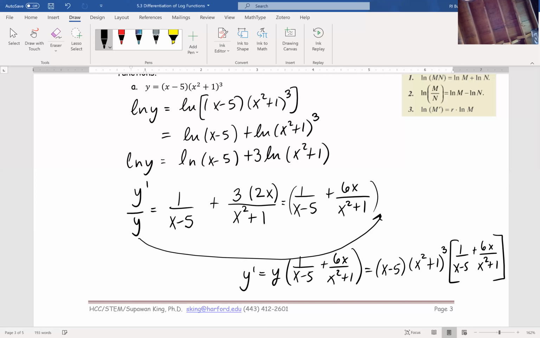It might look ugly, but that was much easier to solve than if we had to do the product and chain rules for everything and then try to put them together.